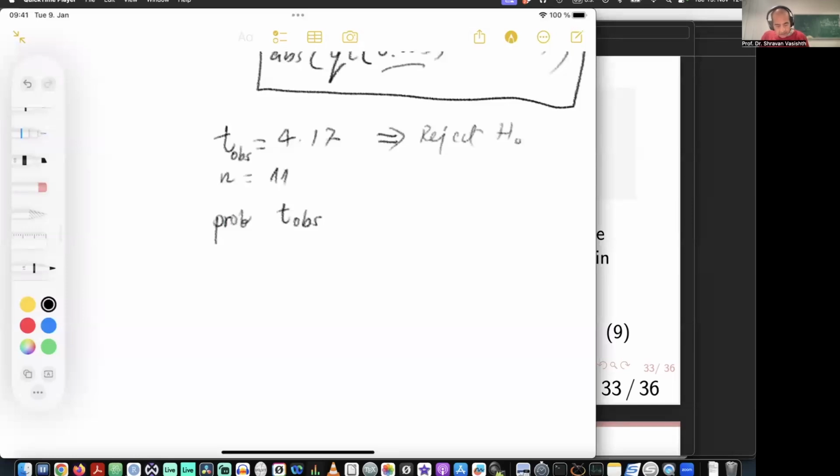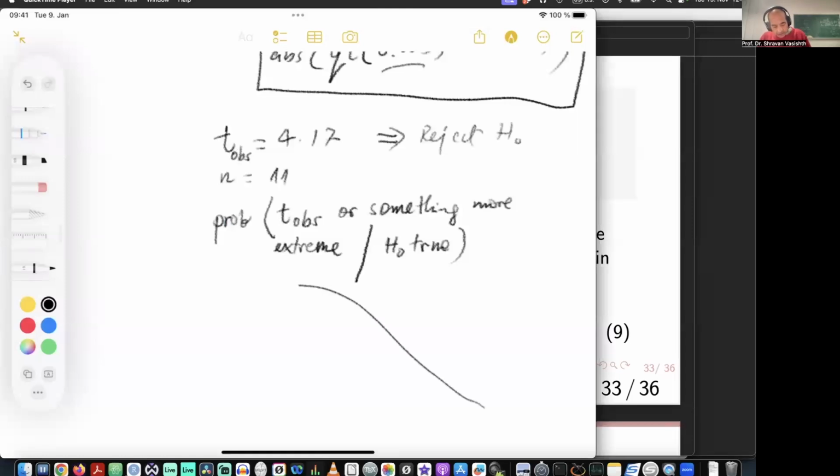That's what we observed. The probability of observing such a t-value or something more extreme, given, so that's the vertical bar, that's a conditional statement, given that the null hypothesis is true. Okay, so we're going to compute this probability. Now, think about it, okay? We've got the null hypothesis t distribution centered on 0.